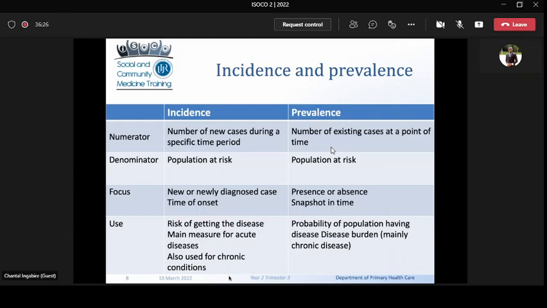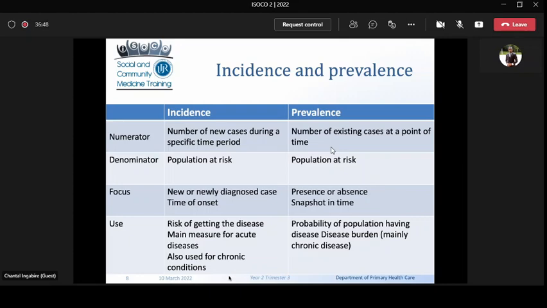And when we are talking about the prevalence, it's the number of the existing cases at a point of time. If you go out and have a cross-sectional study and identify people who are having, for instance, HIV at that particular moment, that is what we call the prevalence.